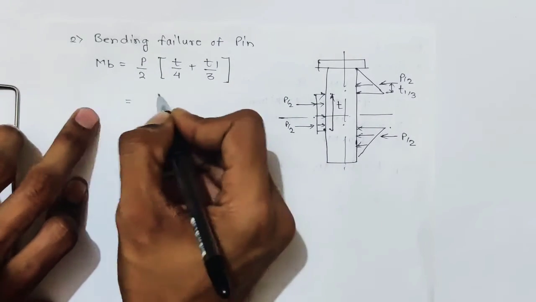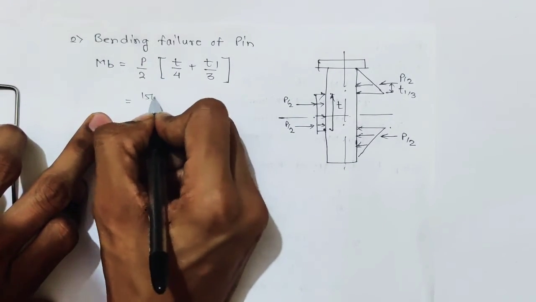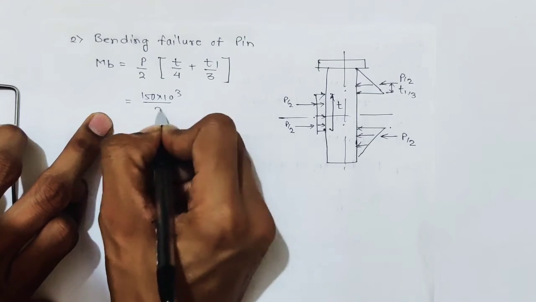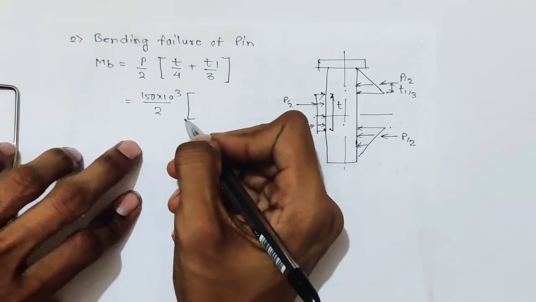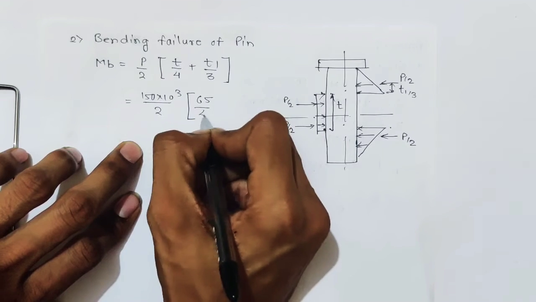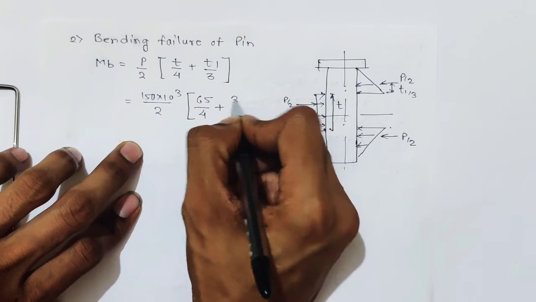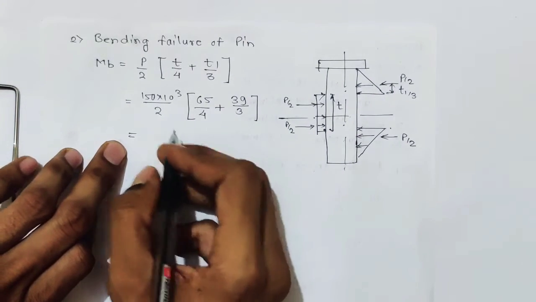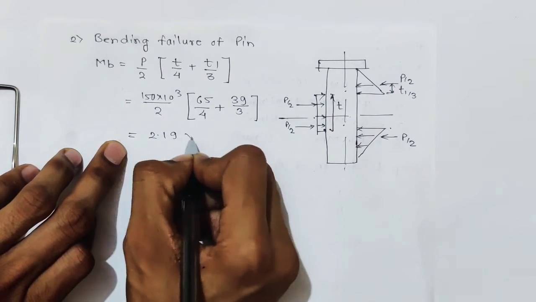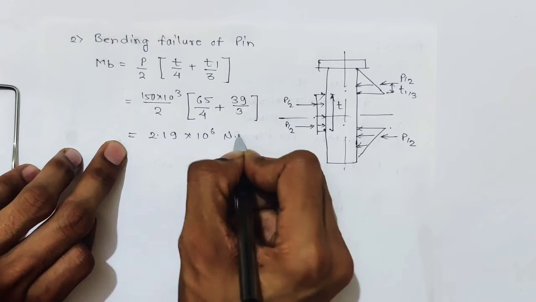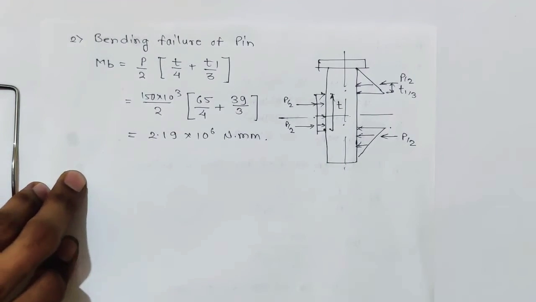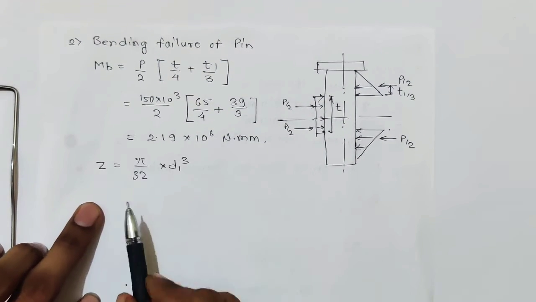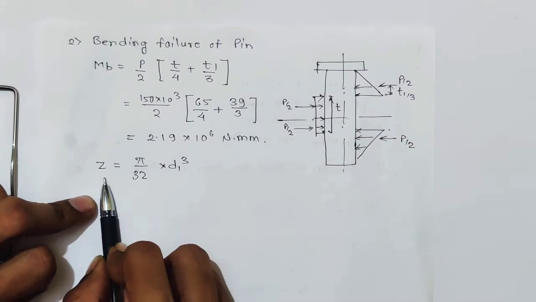So we know the values. P is given as 150 into 10 raised to 3, divided by 2. T is 65, divided by 4, plus T1, which is given as 39, divided by 3. This comes to about 2.19 into 10 raised to 6 Newton mm. Now we will find the value of Z, that is section modulus.